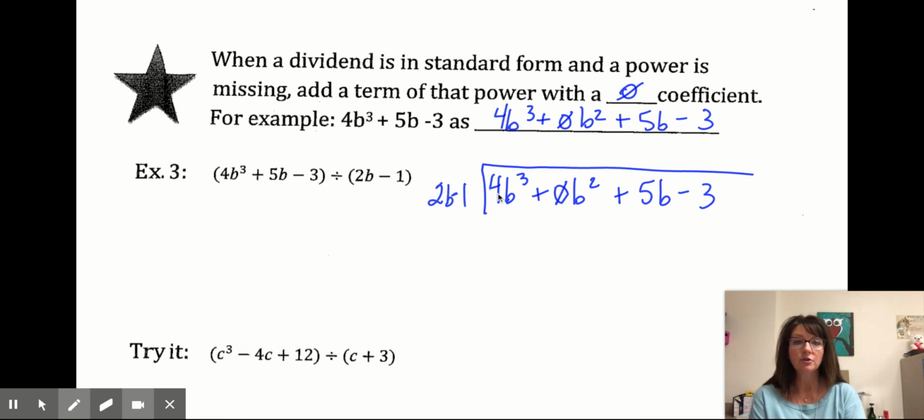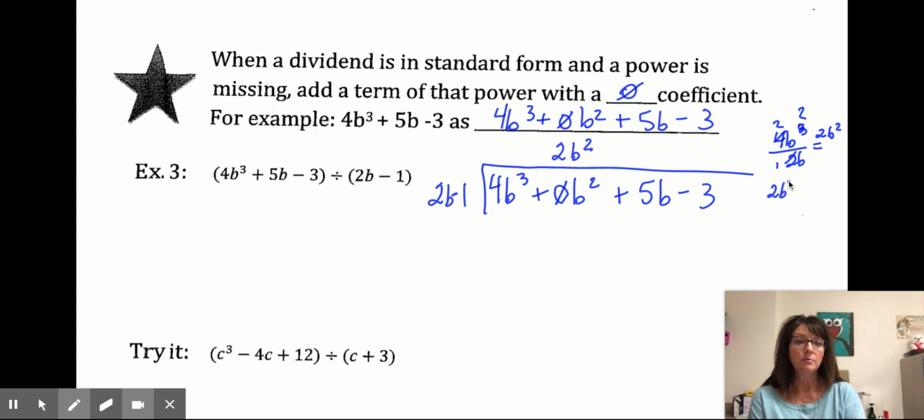We're still taking that first term into the first term of the polynomial. So we have 4b cubed divided by 2b. Okay, so it's going to go in 2, and then one of these b's is leaving, so we'll have 2b squared. And again, we're going to put that over the like term, so it's going to go over the 0b. So a positive 2b squared.